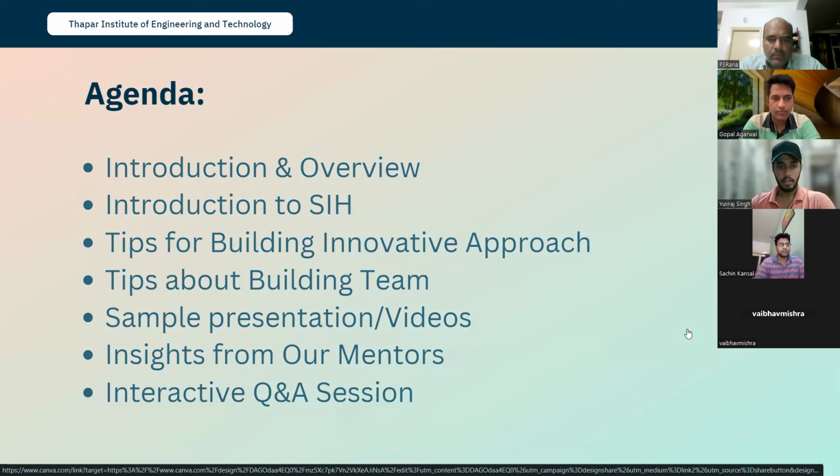Then, according to our observation and experience, we'll discuss a few approaches that we think are good for presenting in a hackathon, how to build an innovative approach and solution, and what points you should keep in mind while building a team, and while building presentations or videos to demonstrate your solution or approach.